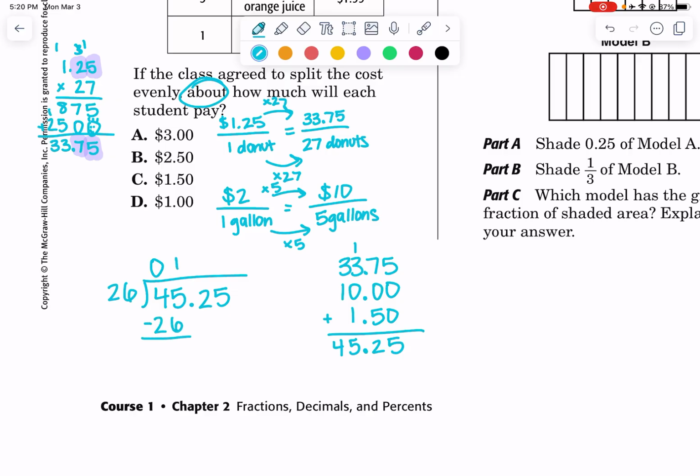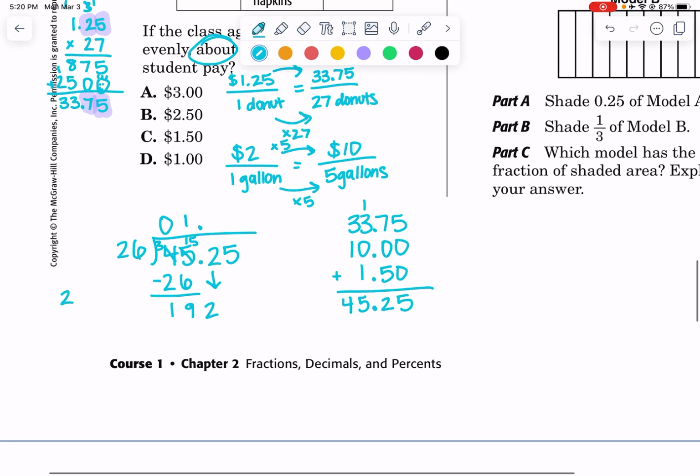Let's do the subtraction. Ooh, I know my answer is going to start with 1. Okay, 5 minus 6 I can't do, so I'm going to need to regroup. 19. Bring down the 2. How many times does 26 go into 192? Well, 26 would go into 208 about 8 times. So I'm going to say 7.